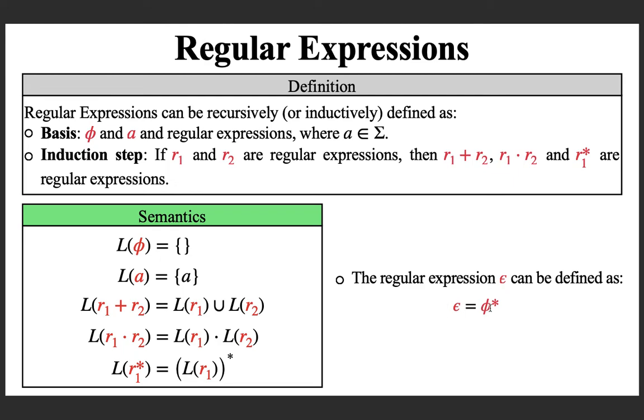What is phi star? If L is phi, which is nothing but the empty set, then if you take the star closure of the empty set, you get only epsilon as the result. So phi star is actually nothing but epsilon, and that is why I don't have epsilon as an explicit basic regular expression.